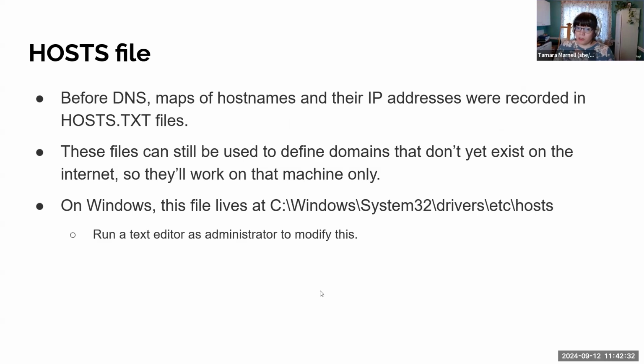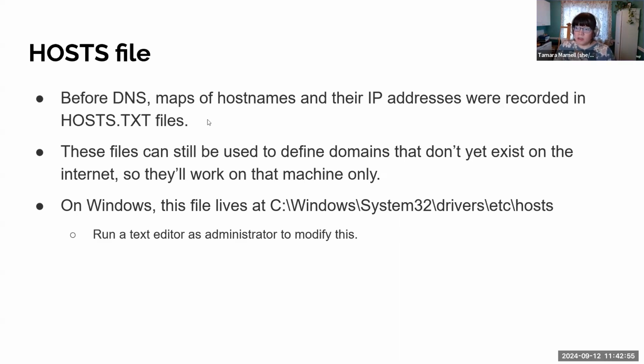So before the domain name system was in place worldwide, maps of host names and their IP addresses were recorded in a file, just one file. That became really impossible to maintain after a while. But those files still exist on individual computers. If you have a Windows computer, it exists on your computer too.